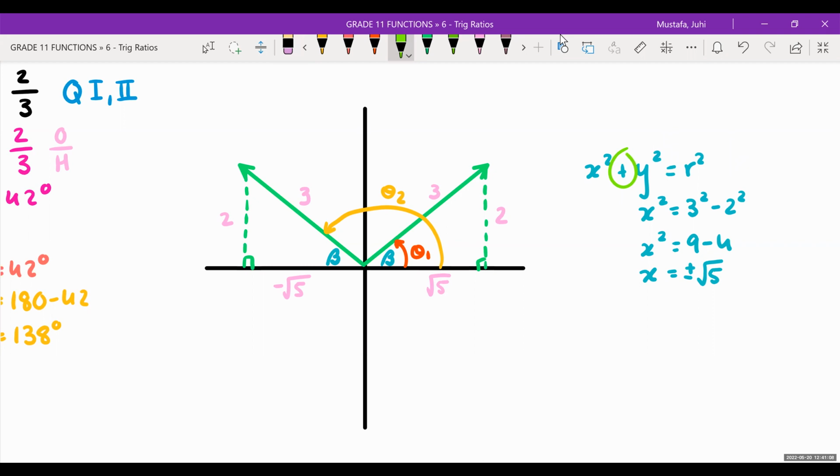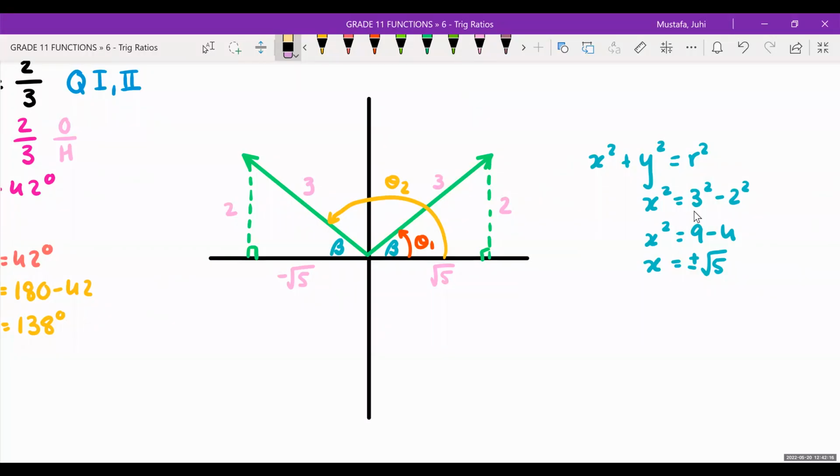It changes the sign. R squared is always positive, but x and y can be positive or negative. I can also say y is equal to 2 and r is equal to 3, just so that it's a complete solution. That would be our values for x, y, and r.